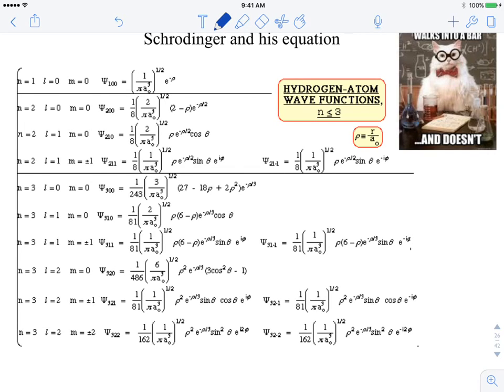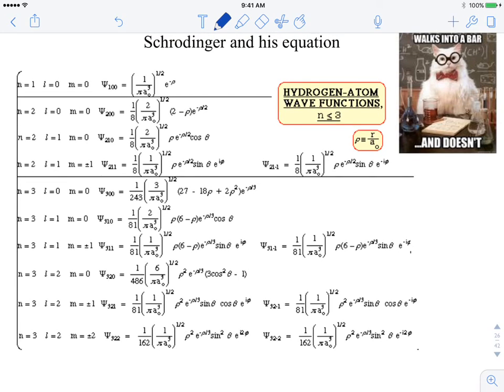Let me repeat that I will in no way ask you to solve for these or use these equations, but I get the question a lot. I say that there's an equation and I don't put it up, and people want to know what it is. So here it is. You'll notice that there are terms in the equation that they're using, n, m, and l. And those are the descriptors for the orbital where you would find an electron.